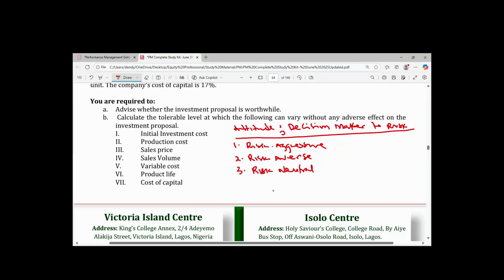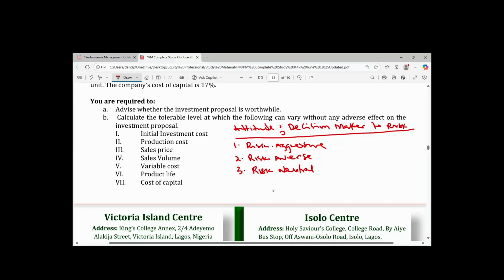Whatever comes the way of a risk neutral individual, he or she will accept it, because as a risk neutral, you don't seek or avoid risk. So this is the attitude of a decision maker to risk.